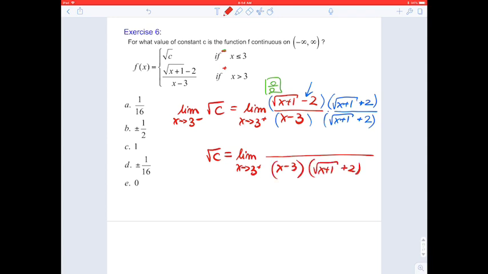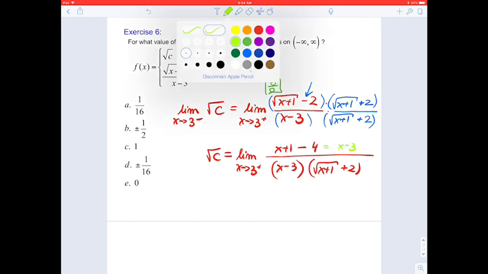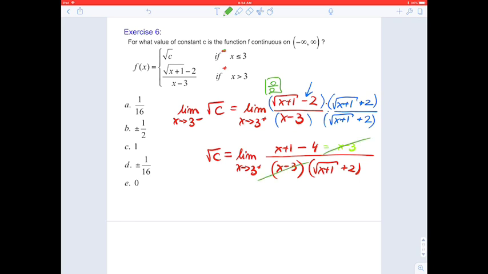Okay, and then distributing, foiling the top function, I have to square the first quantity, x plus 1, the square root is gone, minus square the second. Squaring 2 is 4. And you may notice plus 1 minus 4 is giving me minus 3. That means I see my common factor, my common 0, x minus 3 over x minus 3.